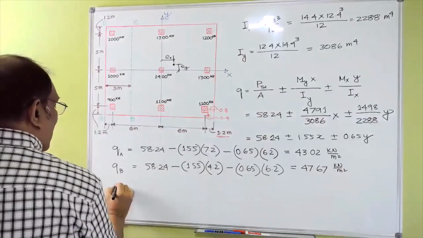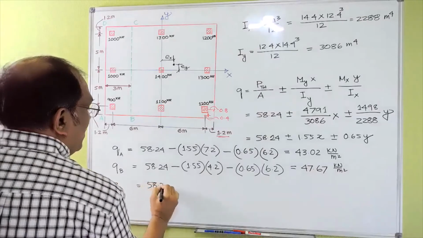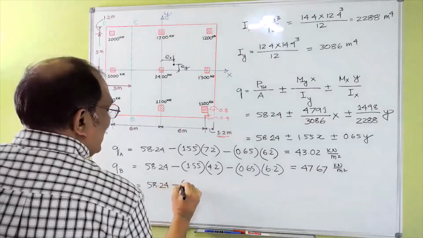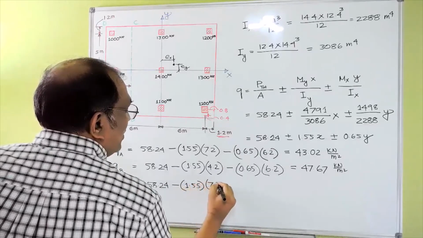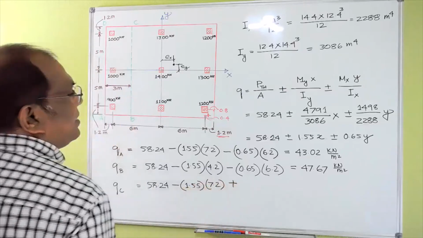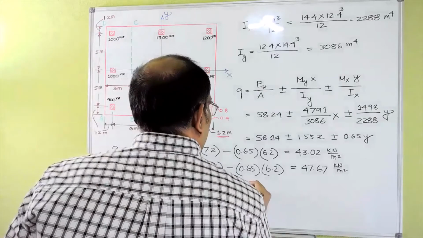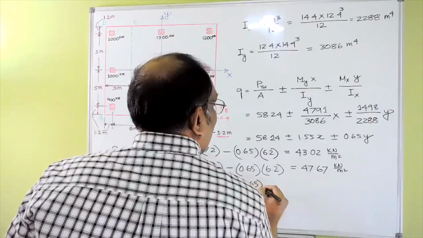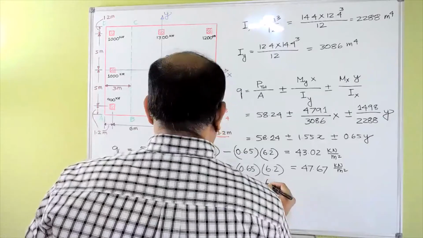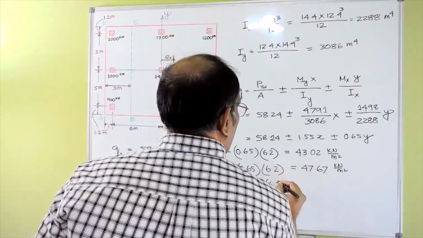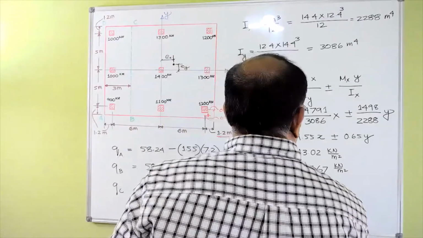Similarly, you can find your QC, which is 58.24 minus 1.55 into 7.2 plus, my Y is now plus, 0.65 multiplied by 6.2. So that's 55.78.